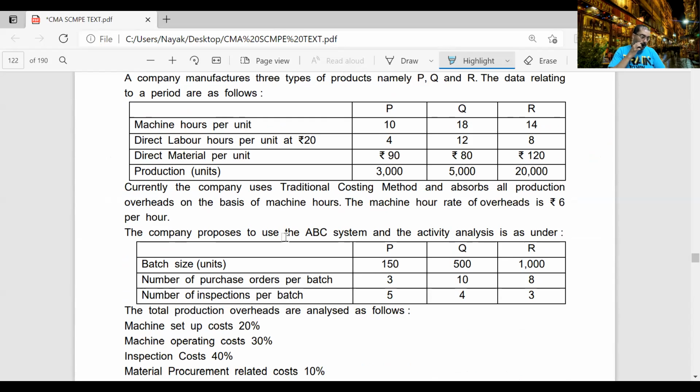So we are having the traditional costing system as well as the activity-based costing. A company manufactures 3 types of products, P, Q, and R. Data relating to P, Q, and R are given: machine hours per unit, direct labor hours per unit at 20 rupees.